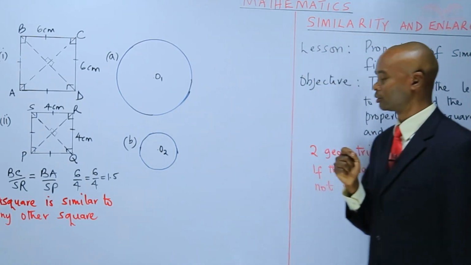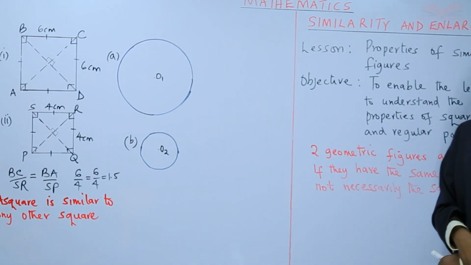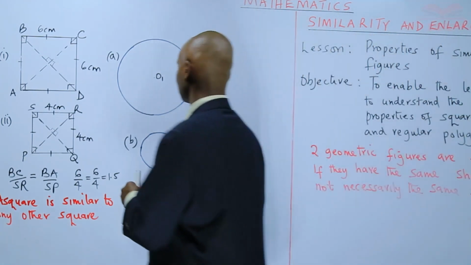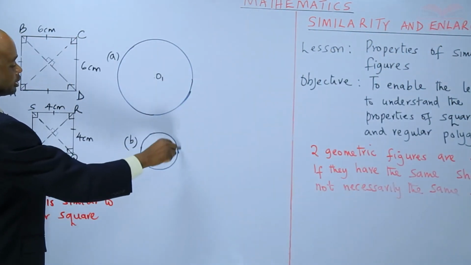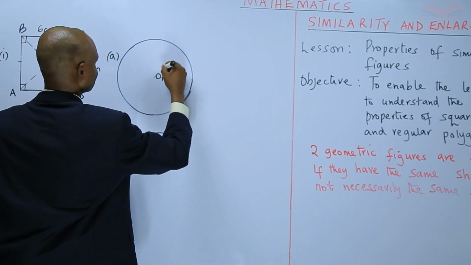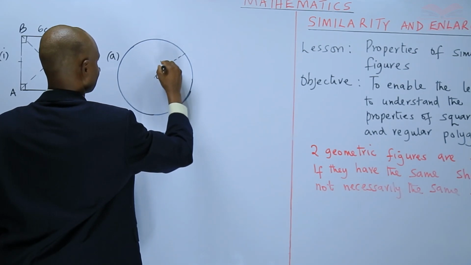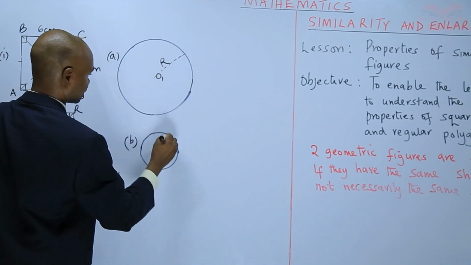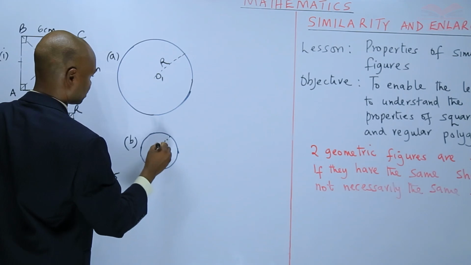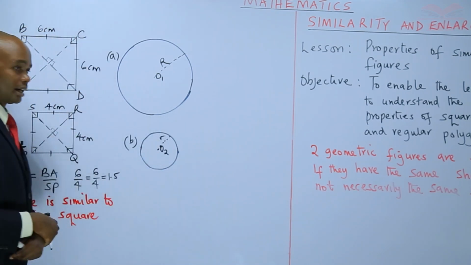So we shall go to our two circles. We have the first circle. If you look, we can see the circular shape. If we are to give a radius, you could say that is R, and this will have the small r.